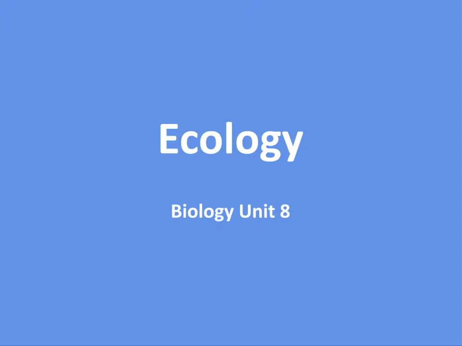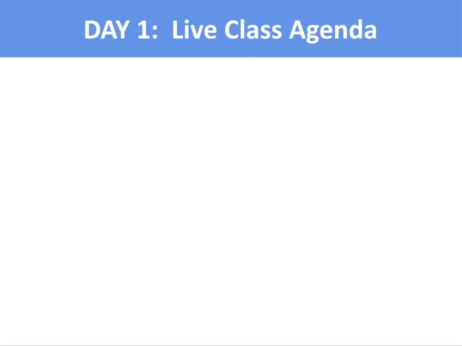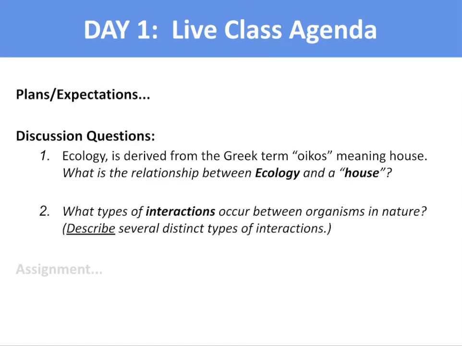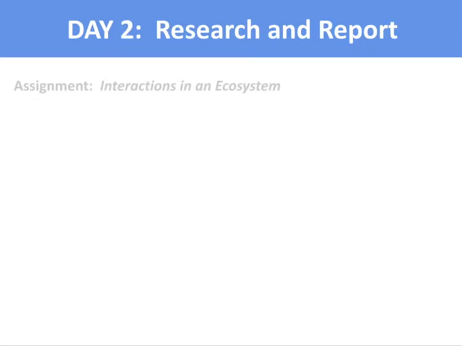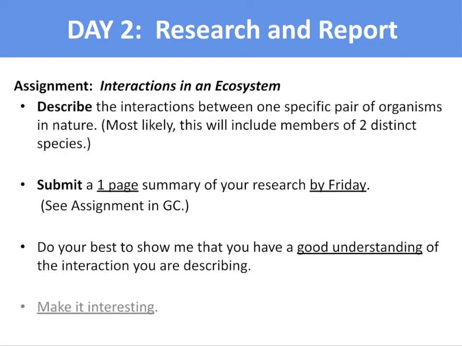We're going to start in on ecology here and look at some of the relationships that we can see in our environment. So far we had day one where we studied together and we introduced. Right now, hopefully you have done some research into the relationships for your short research paper.